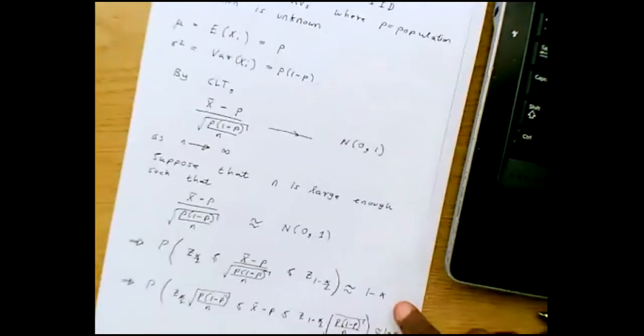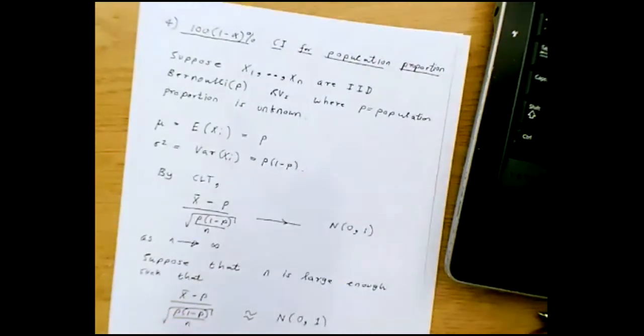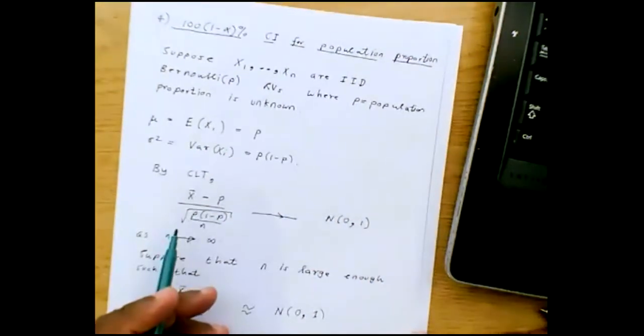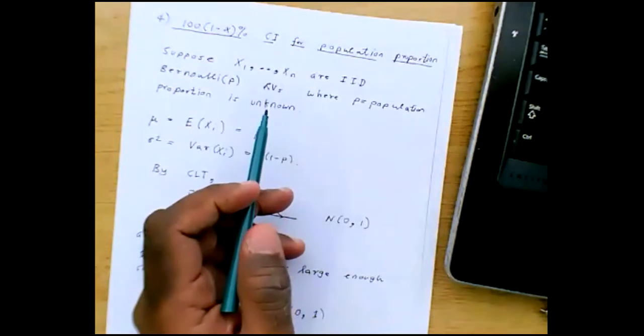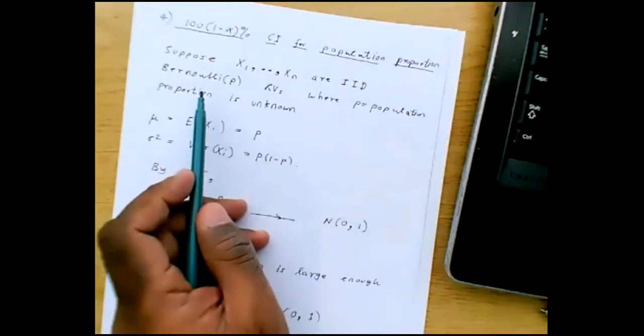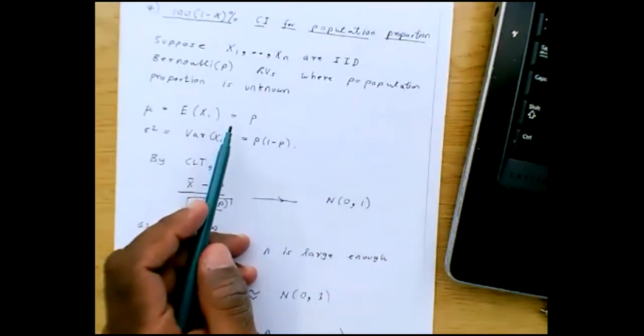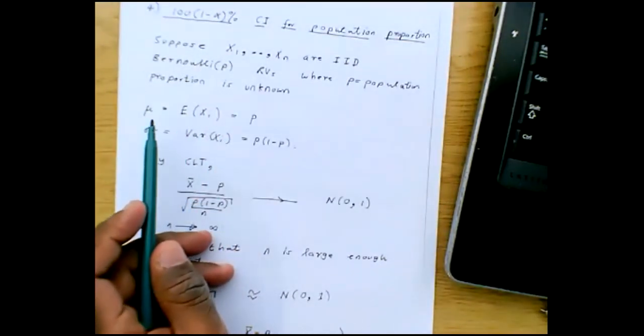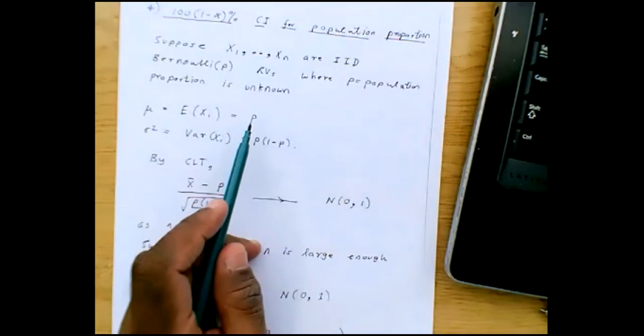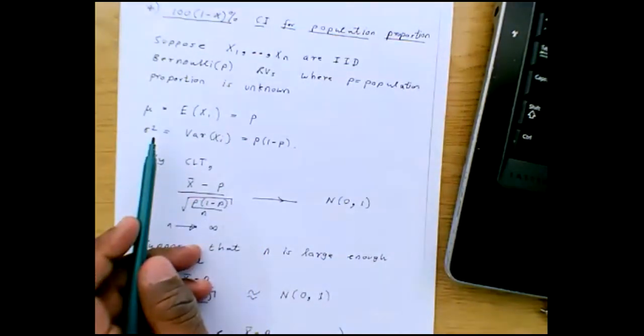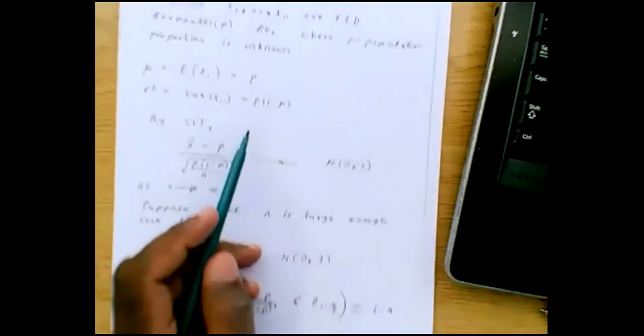The fourth one is the confidence interval for the population proportion. Here we are assuming that we have a random sample from a Bernoulli distribution with parameter p. I'm sure you know from probability 1 that the population mean of a Bernoulli is p. The population variance is p times 1 minus p.